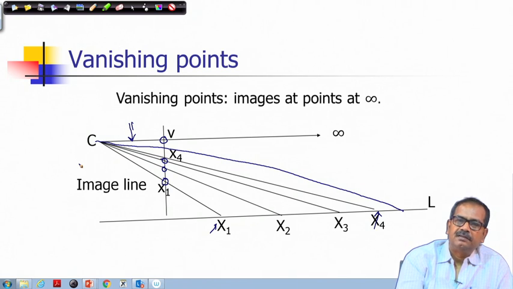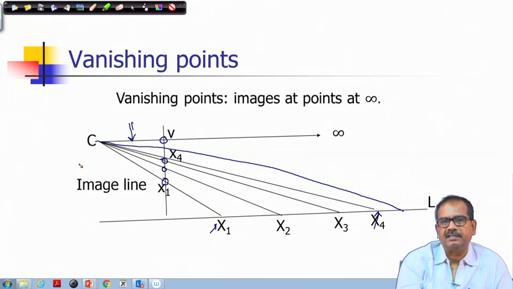So, this is an interpretation of a vanishing point when we restrict our scene as a one dimensional straight line, and also our imaging structure is also a line.